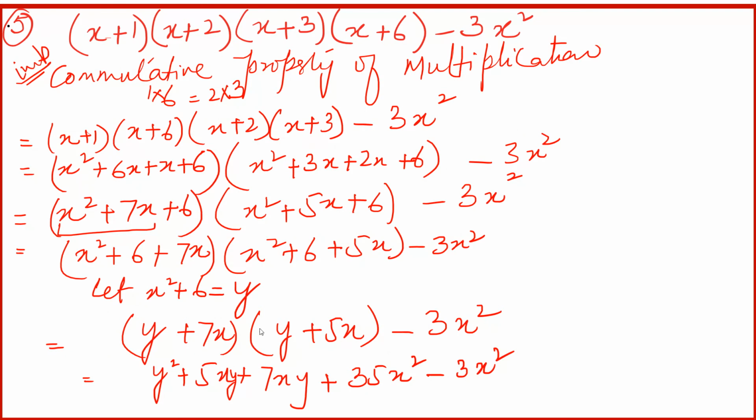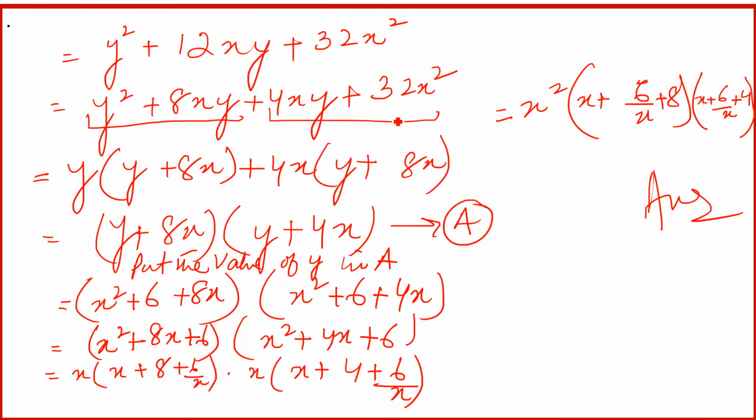You have to multiply, then do the factorization. At the end, you have to put the value of y in a, and this is also the correct answer. But according to your book, they have taken x as common, so whatever is remaining is in the parenthesis. Here the powers of x will add, it is x square, and this is the answer.